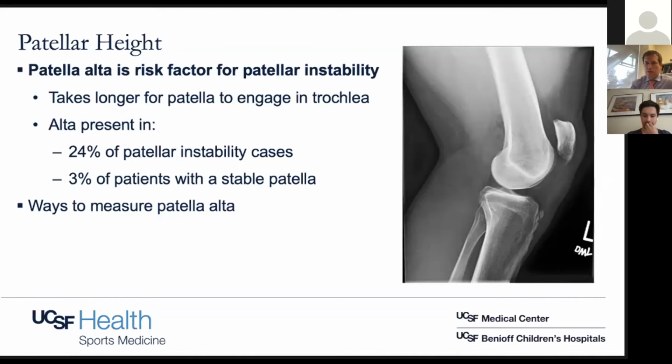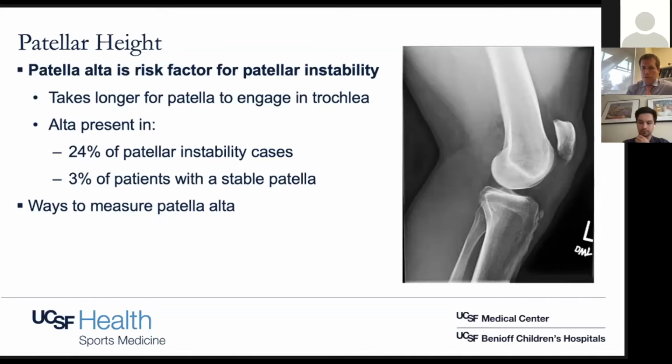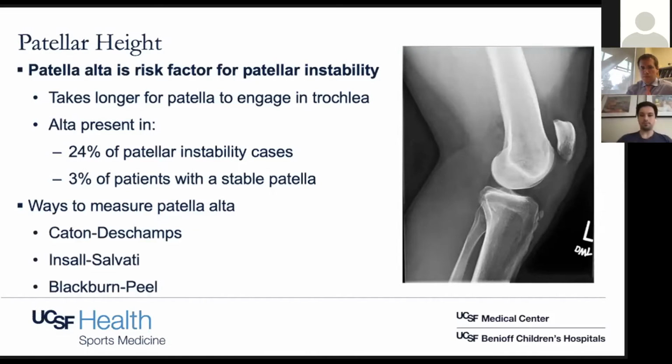And then there's also the Blackburne-Peel, which uses a line perpendicular to the surface of the tibial plateau, and then you use the distance to the pole of the distal patella over the articular surface. Okay, so let's say you have to pick just one to always use for patellar instability. Which one would you choose?